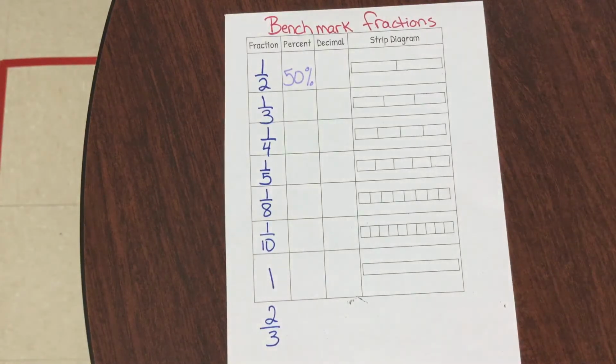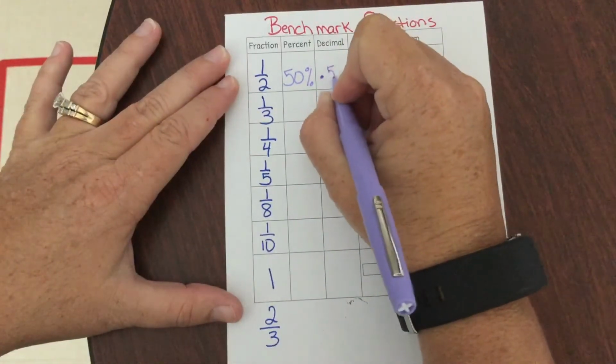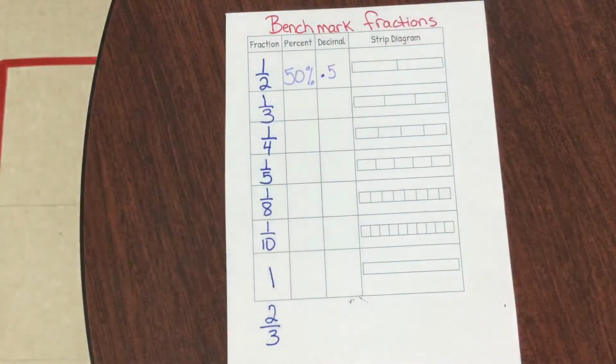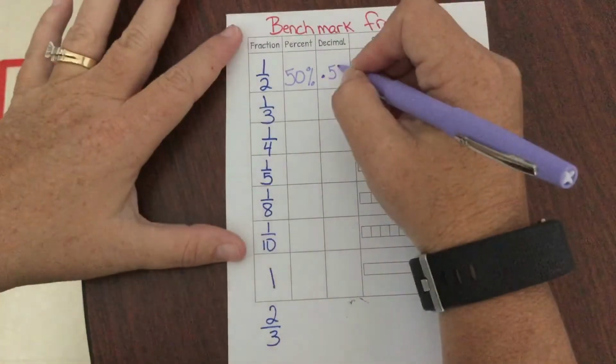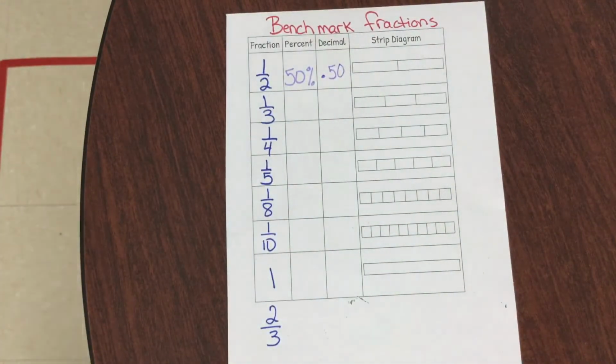So how would I write 50 cents? 0.5, right? Or I could even do 0.50, because we know that it ends and it's just going to be zeros after that. So when I see the fraction 1/2, I should automatically see in my brain 50% and 0.5.